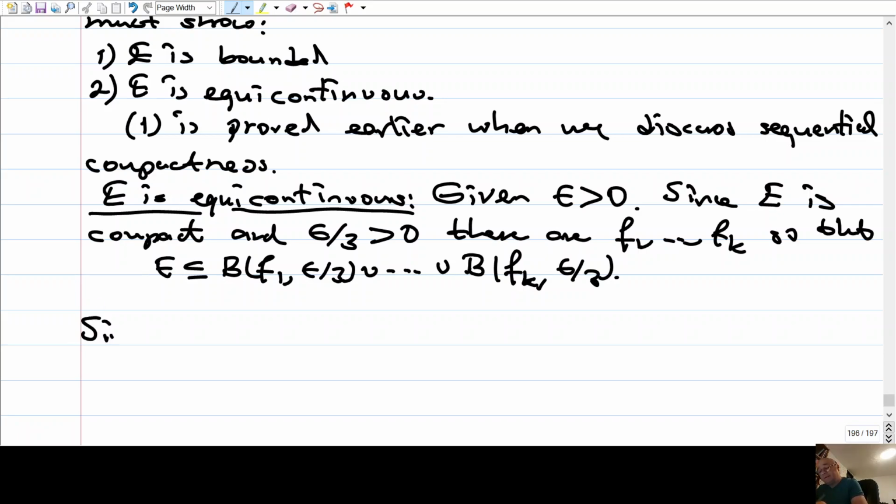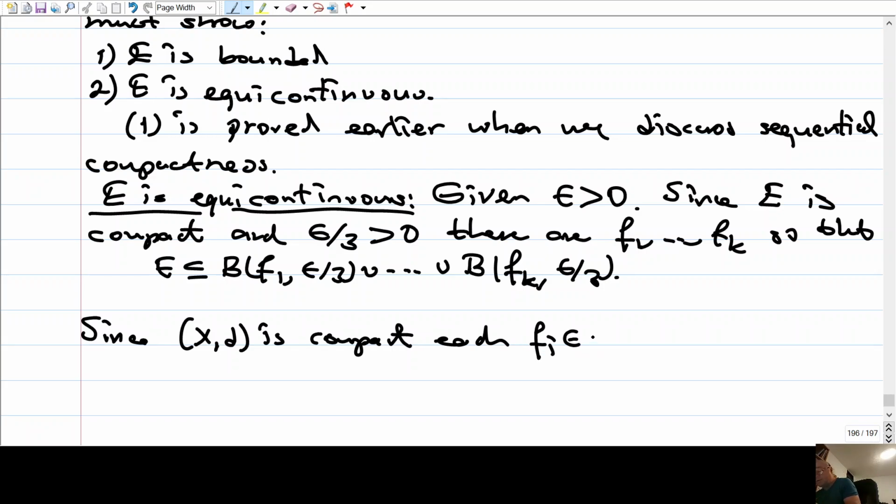Well, since X is compact, each fi, which is a continuous function, is indeed uniformly continuous.